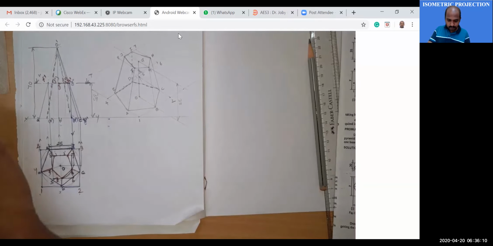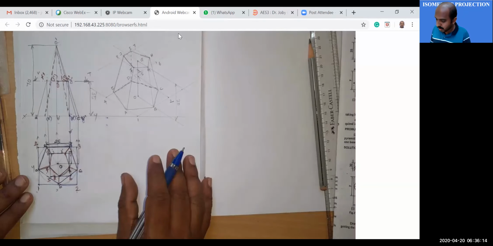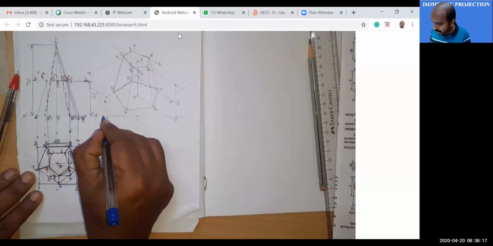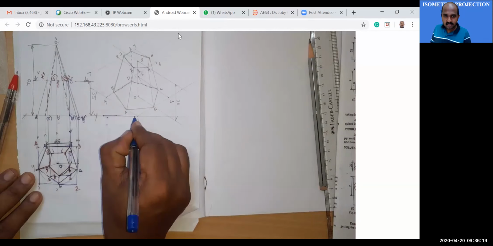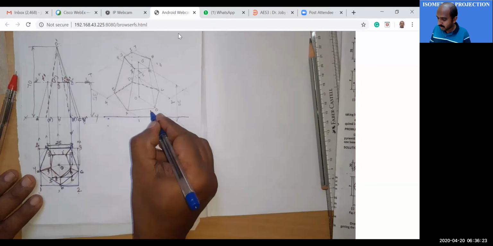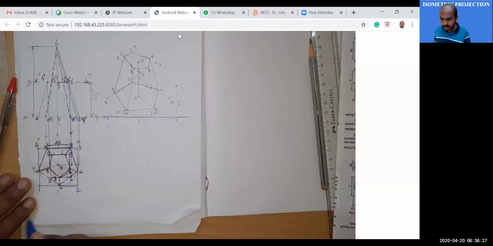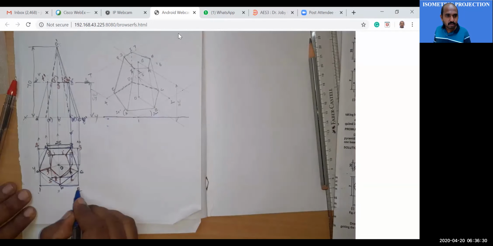Now we are moving to draw the isometric view. Initially you draw a line in line with the XY line, and this is a 30-degree line. It's another 30-degree line. First you measure 1 to 2.